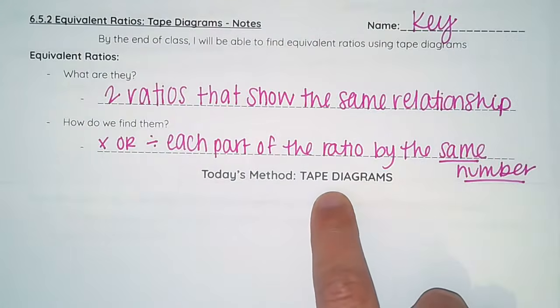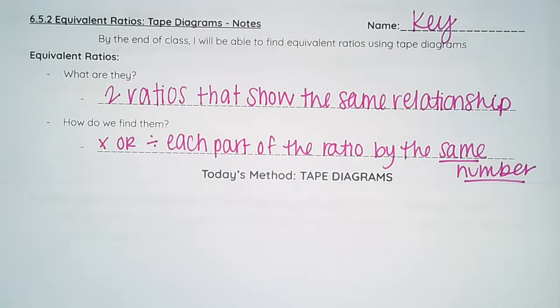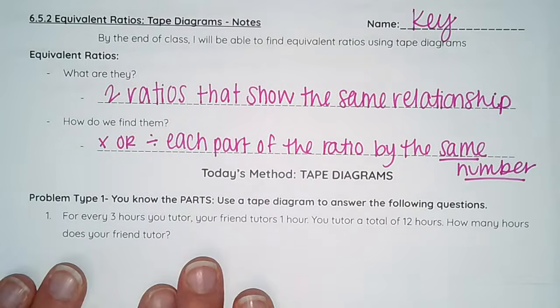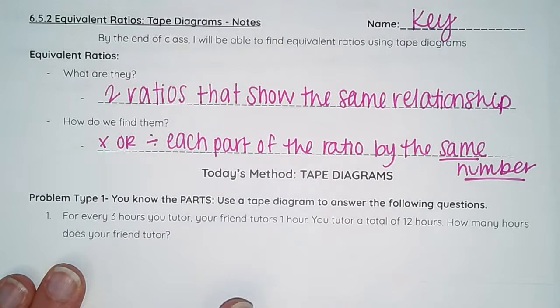Like I said, we are going to use tape diagrams today to find our equivalent ratios. So there's 2 types of problems that we're going to focus on, and one is where we have one part and we need to find the other part. You'll recall that we can have either part-to-part ratios or part-to-whole ratios. So right now, we're given one part and we're finding the other part.